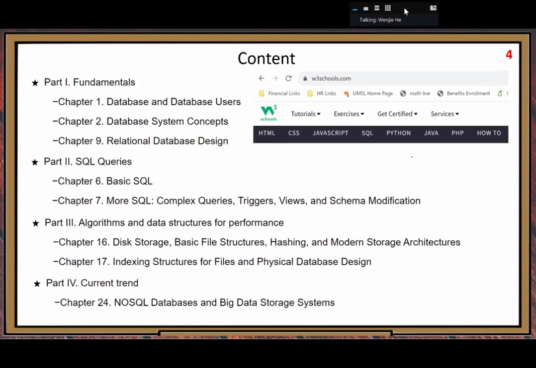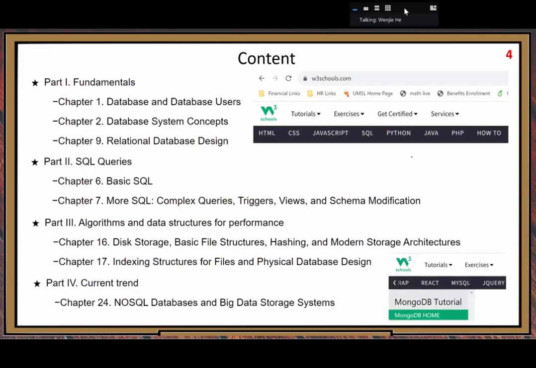And for NoSQL, I try my best. I may show you a few simple examples from the MongoDB tutorial. I may not cover a lot of things, just basic ideas and the basic points. So that's my plan.